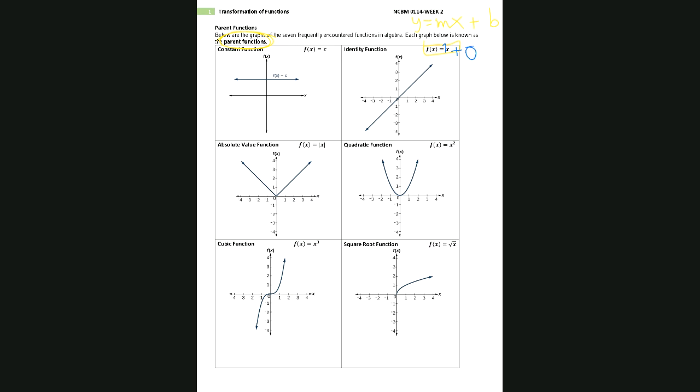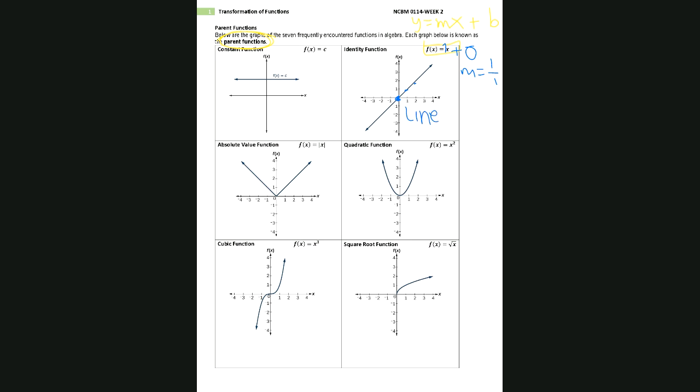If we were to graph it, you could see here the origin is where the y-intercept happens, which happens to be the x-intercept as well. Because the slope is equal to 1 over 1, we will go 1 up, 1 to the right, 1 up, 1 to the right, and so on. So this is the second one on your sheet, but we call it the parent linear function.